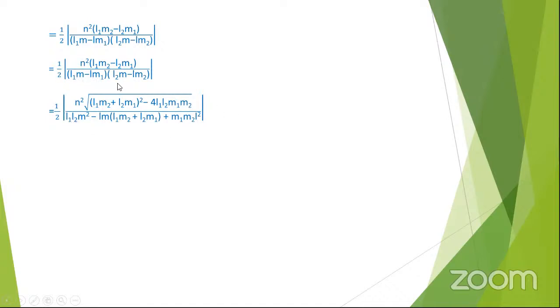Now multiplying the terms in the denominators, we get L1L2m² − lm(L1M2 + L2M1) + M1M2 l².